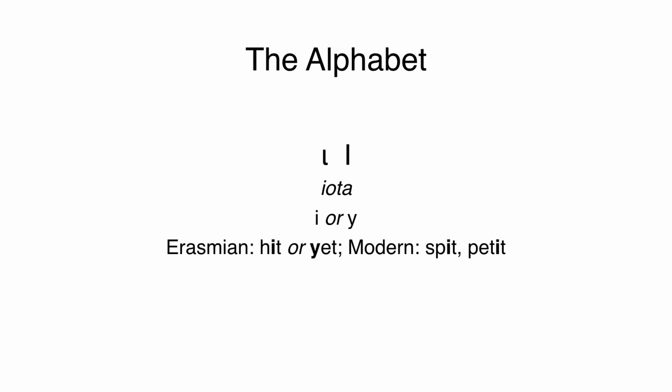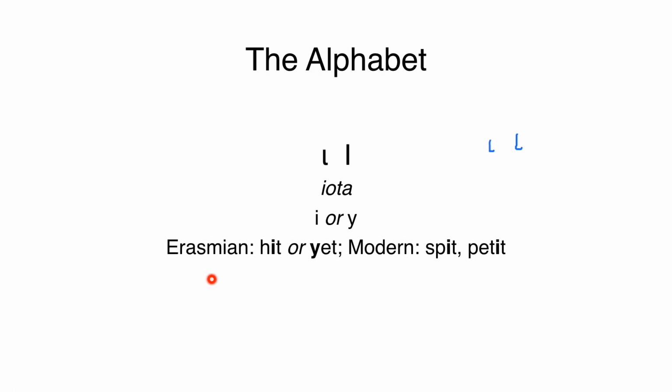Next we have iota, also known as iota. This is like our English letter I, but with a little curve at the bottom and without a dot. There's no dot above. The uppercase version of iota is like our English uppercase I, but not with the stems at the top or the bottom. This will produce an I sound or sometimes a y sound.